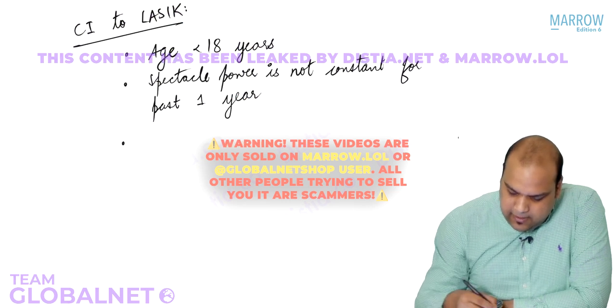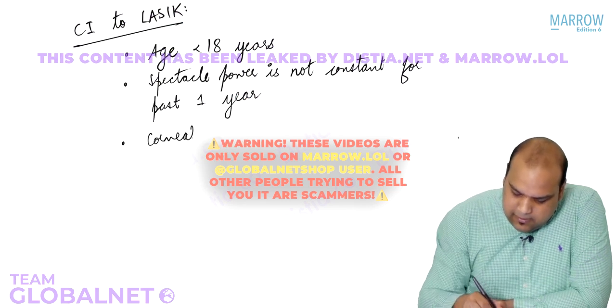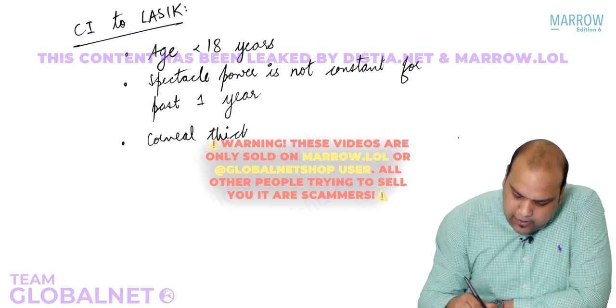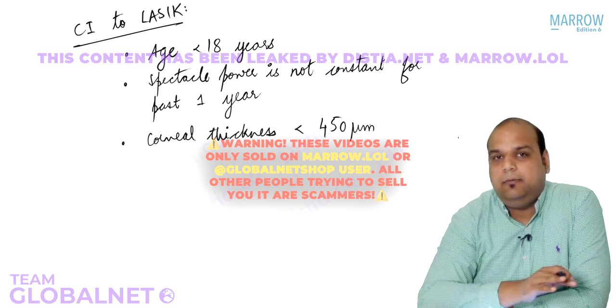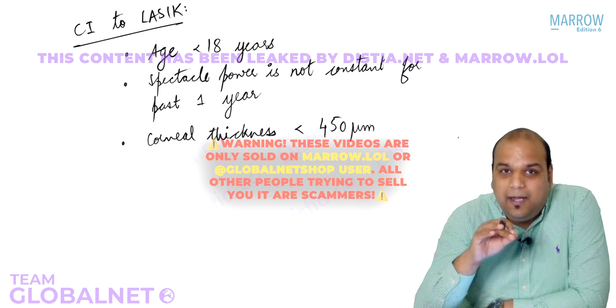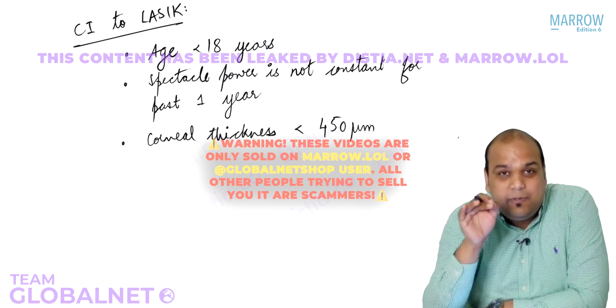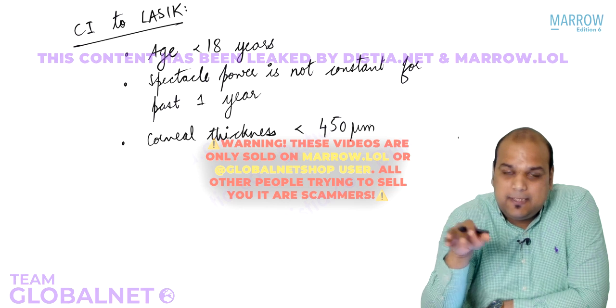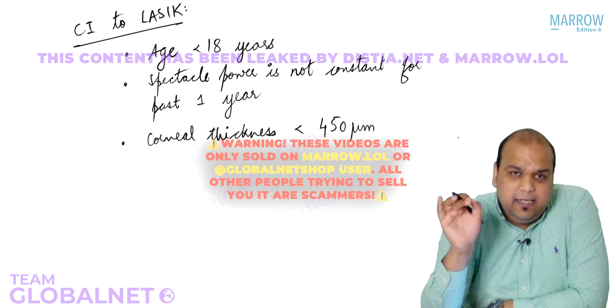And thirdly, the doctor will measure your corneal thickness. If your corneal thickness is already less than 450 micron, then there are chances that when I burn your stroma, I am not able to maintain your residual thickness of 250 microns, and that is why it is contraindicated.